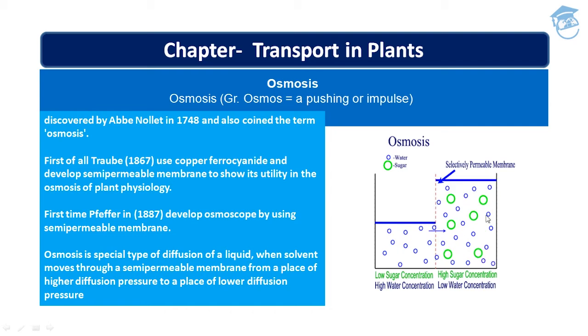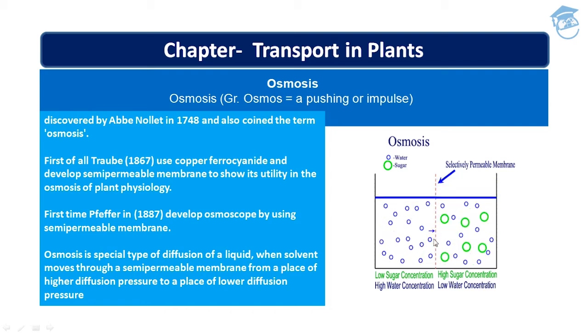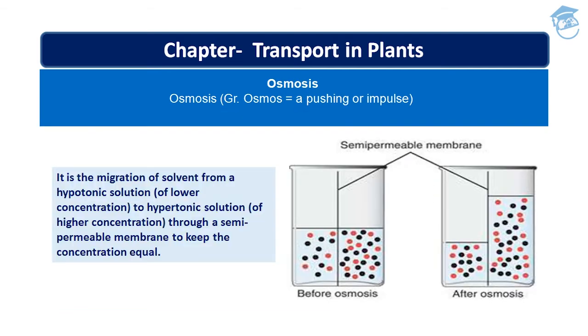So from here to here osmosis is taking place, and this is the semi-permeable membrane or selectively permeable membrane. So it is the migration of a solvent from a hypotonic solution, that is of lower concentration, to a hypertonic solution, which is of higher concentration, through a semi-permeable membrane to keep the concentration equal.